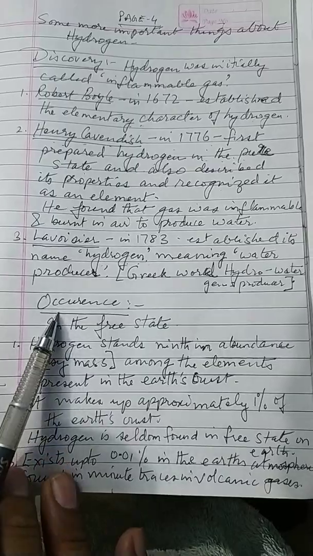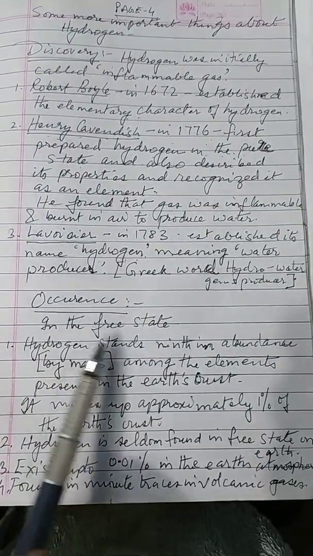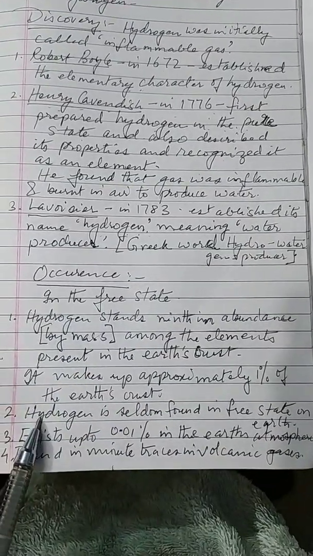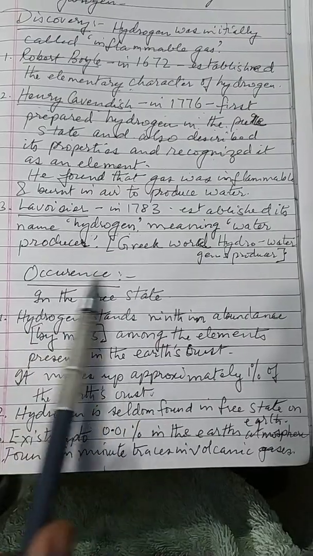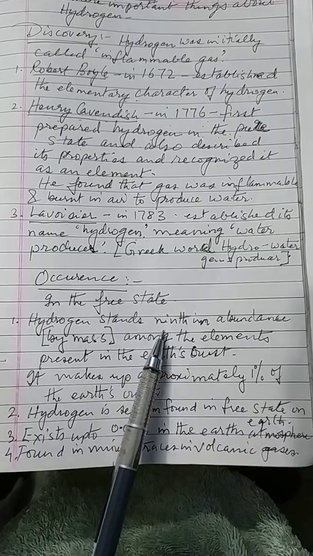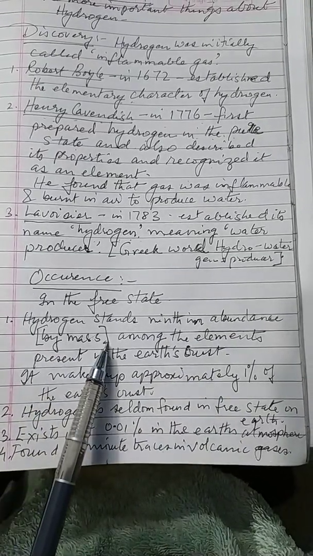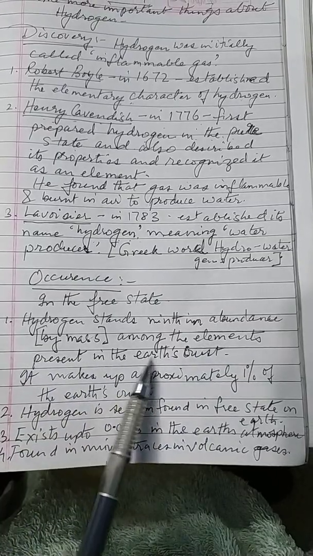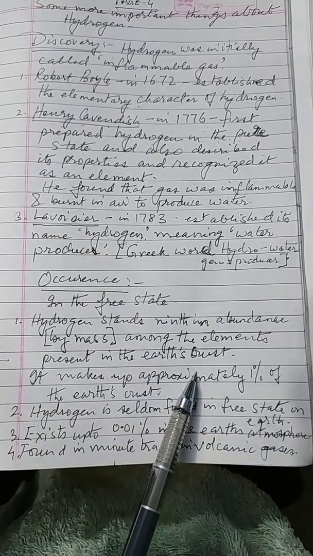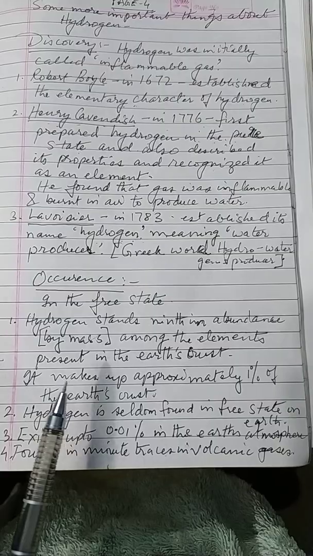Then we also see free occurrence. Hydrogen is found either in combined state or in free state. So quickly today we will see how hydrogen is found in free state. Hydrogen stands ninth in abundance by mass among the elements present in the Earth's crust. We see it makes up approximately 1% of our Earth's crust. Which element? Hydrogen.